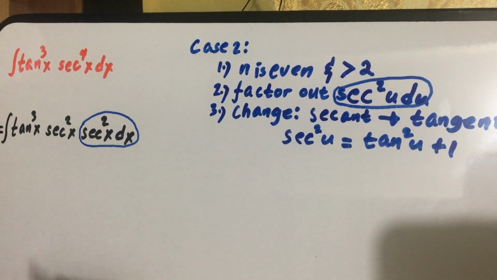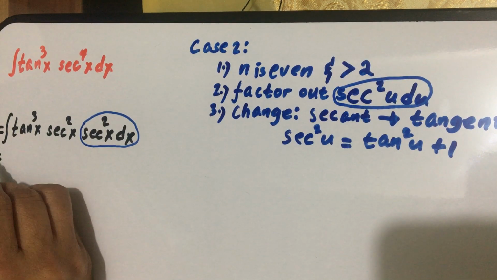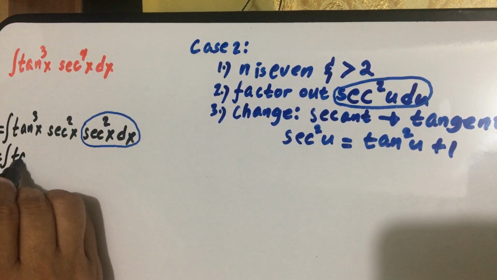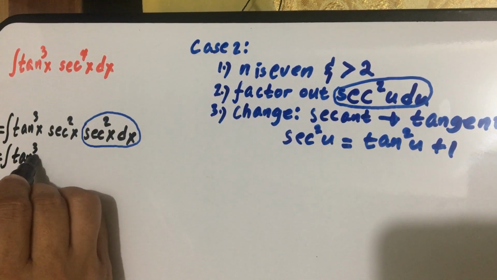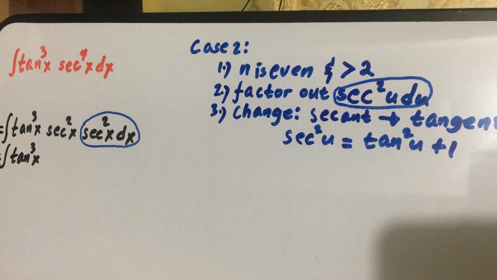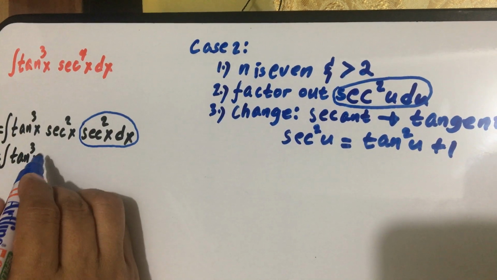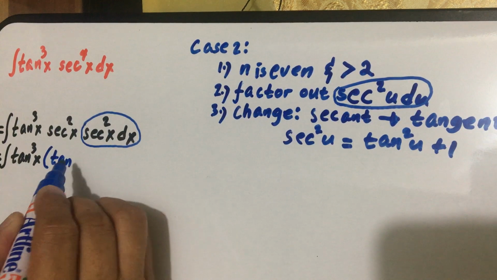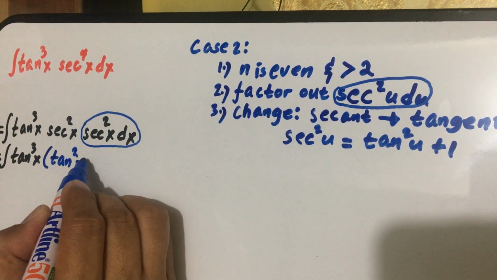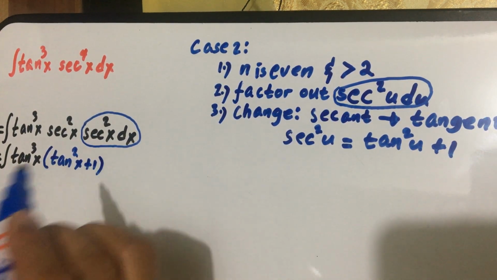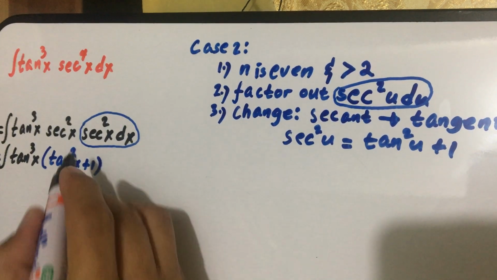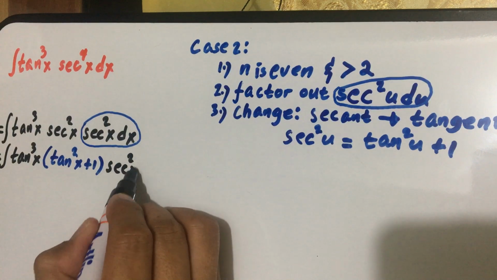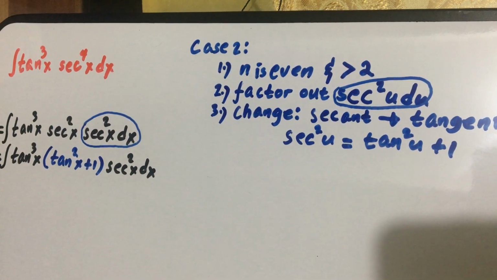So we can rewrite this as the integral of tangent cube x, then rewrite this secant squared in terms of tangent, so this can be written as tangent squared x plus 1, multiplied by this secant squared x dx.